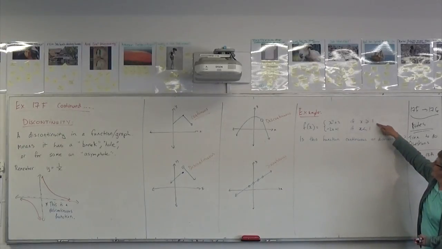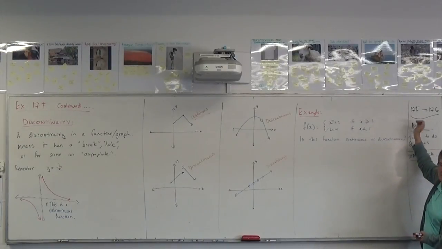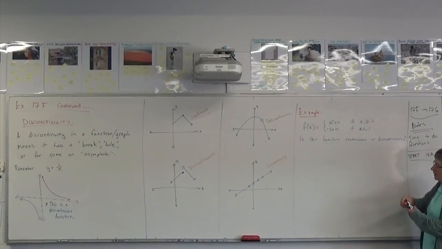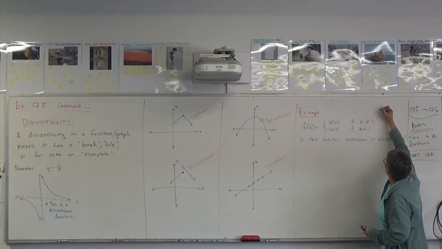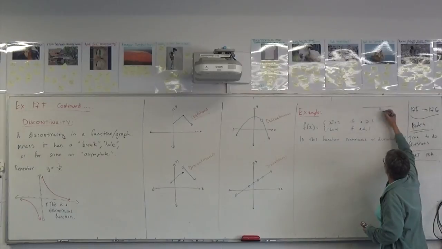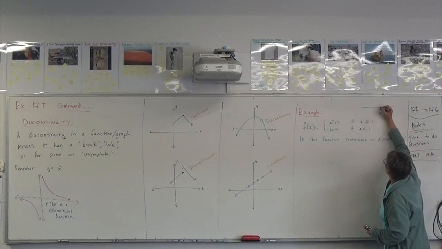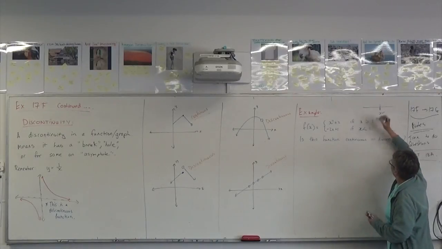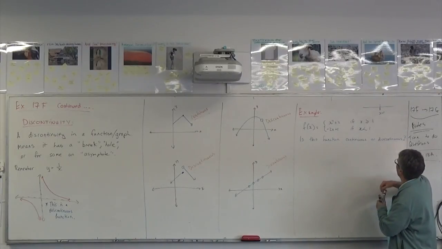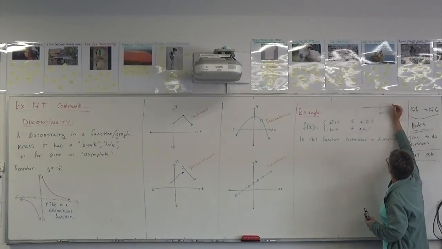So if I look at this, this is x is greater than 1, this is x is less than 1. If it's greater than 1, it's coming from this side, isn't it? So if I've got a number line, this is x equals 1. So this is my point 1 on that. X is greater than 1. Okay, so if I do this in orange, it's that way.